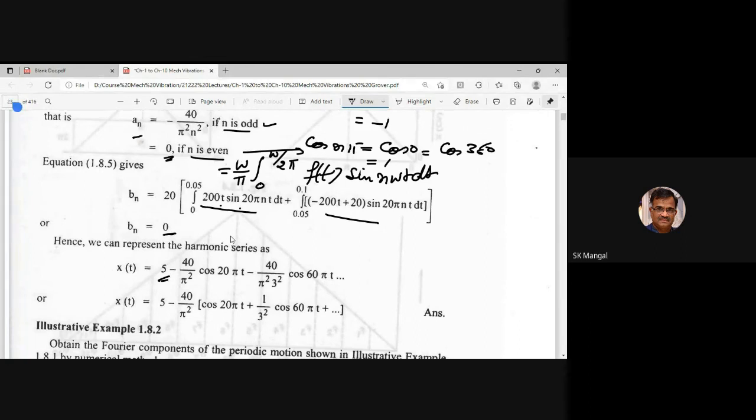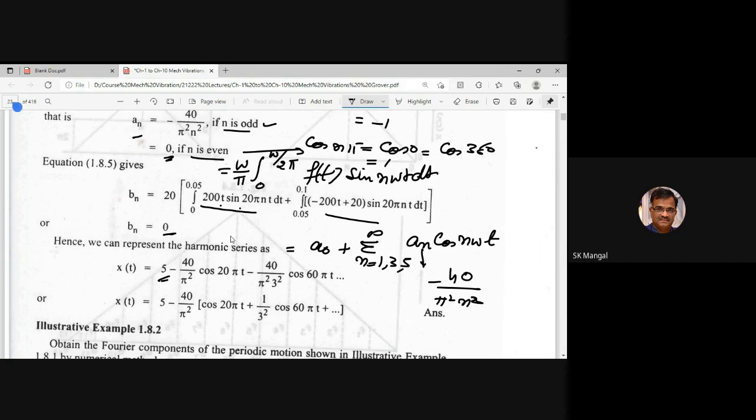All right. So you can write simply here a naught plus summation of n = 1, 3, 5 to infinity of a n cos n omega t, and you can put the value of a n, which is already given here. This a n is given as minus 40 upon pi square n square.